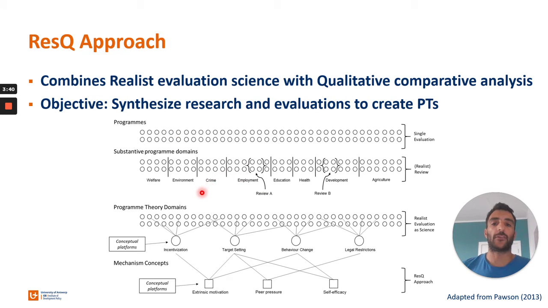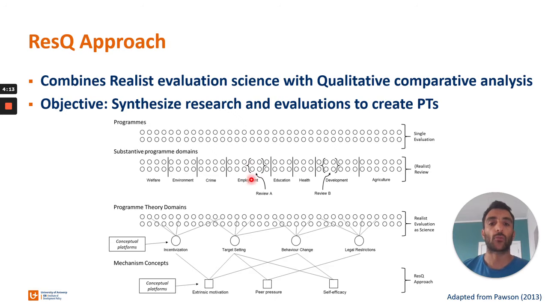There are ways of not starting from scratch, but synthesizing the information that we have from these evaluations. One way of doing it is through reviews, either systematic reviews, literature reviews, scoping reviews, or realist reviews. But what happens is that we only look at programs within a specific substantive program domain, for example, the welfare domain, the domain of crime, employment, education, etc. And we look at interventions that are relatively similar within that domain.